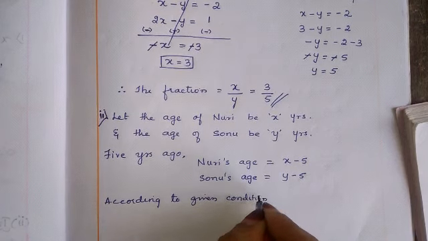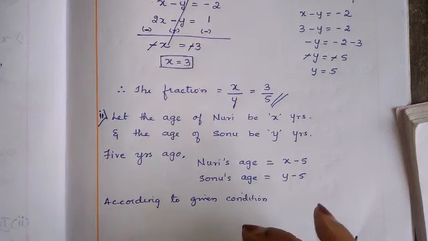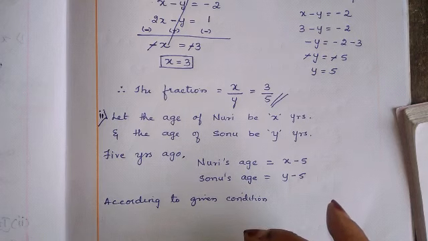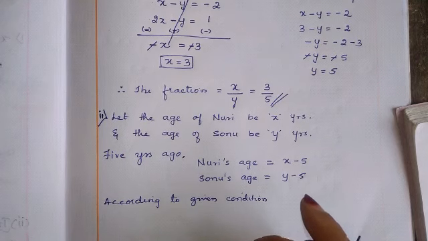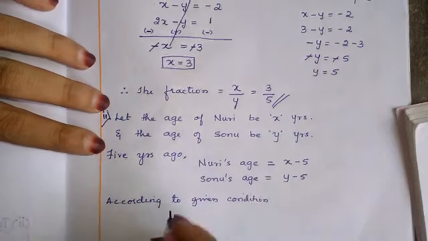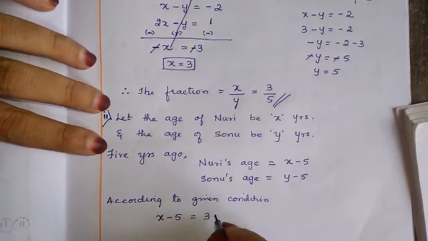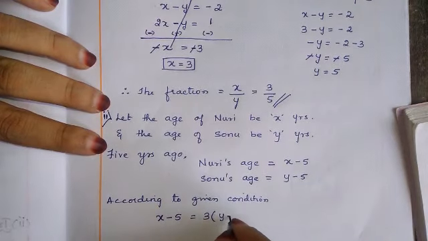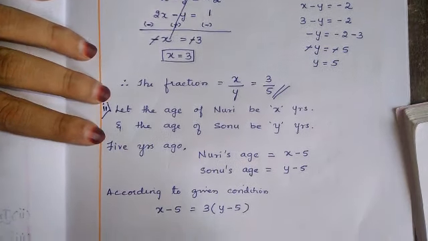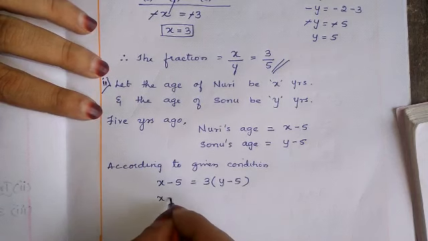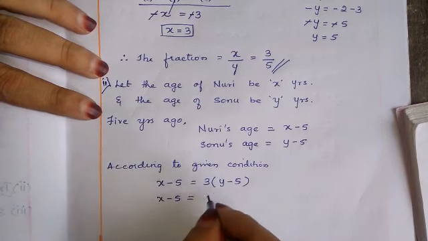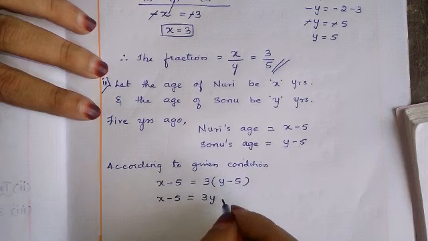According to the given condition, let me read the question, you can see it in the textbook. 5 years ago, Nuri was twice as old as Sonu. I am writing this. So this we have to solve. x minus 5 is equal to 3 into y, 3y minus 3 fives are 15.